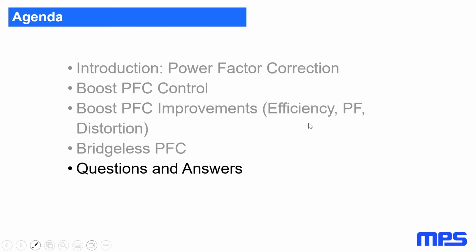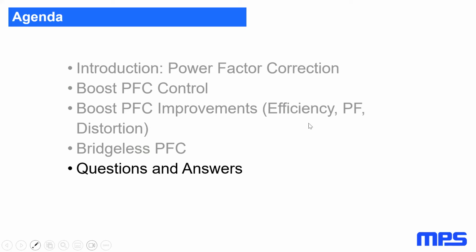Okay. The next one is, to have less current harmonics, CCM is better than CRM, right? Yes, that's normally true. Again, you have to select the control method and the topology depending on what you're trying to achieve.